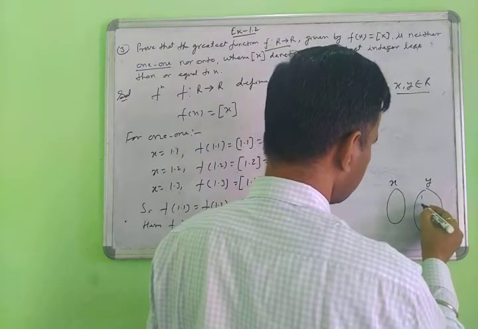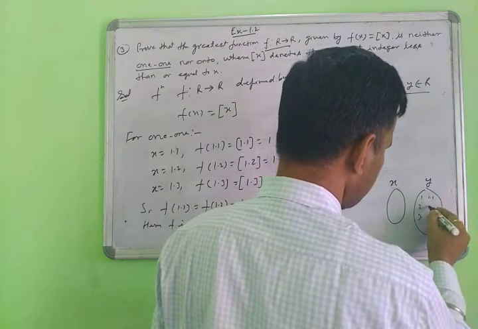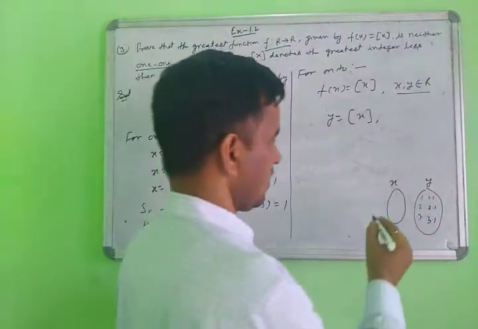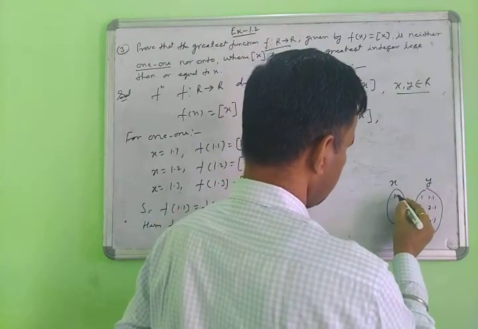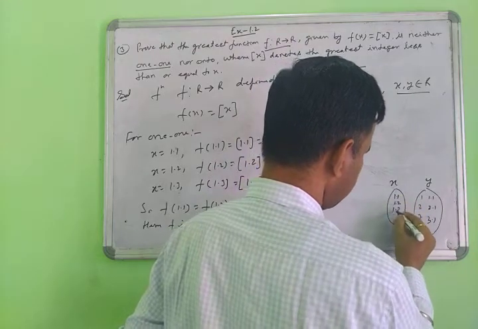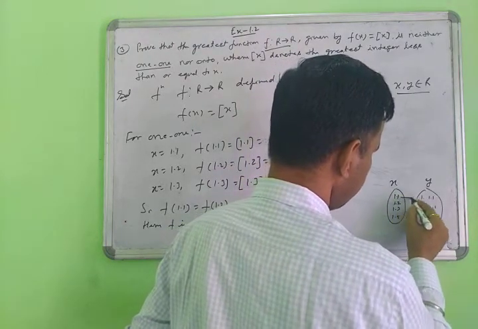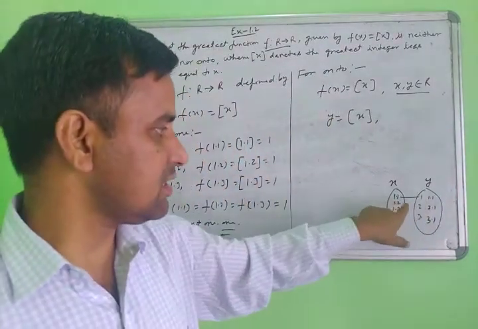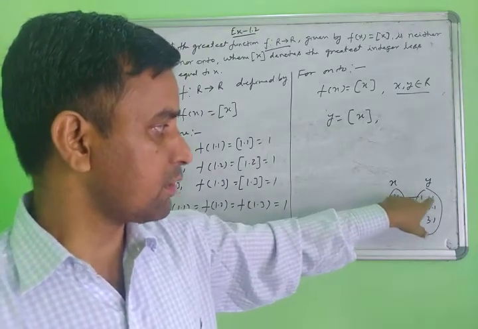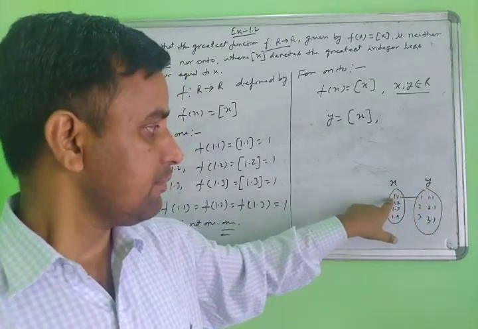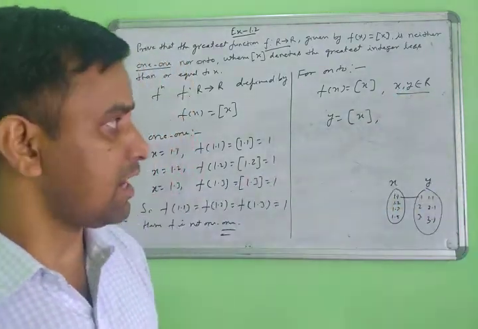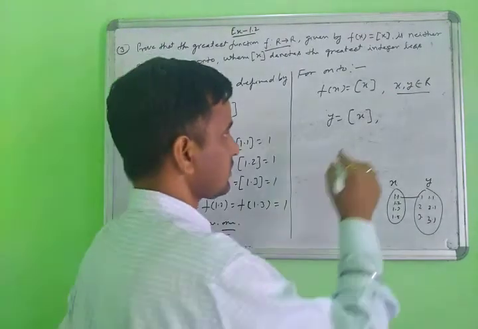Suppose you have 1, 2, 3, and also suppose you have 1.1, 2.1, 3.1. 1 has a pre-image in the domain: 1.1, 1.2, 1.3 and 1.5. But 1.1 in the codomain does not have a pre-image in the domain, because x and y both are real numbers.